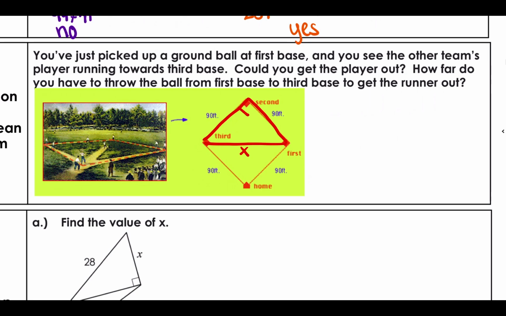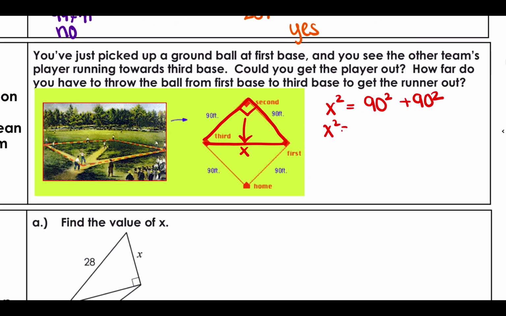We know that this is a right angle on this baseball diamond. So our X is actually our C. That's across from our right angle. So we can use the Pythagorean theorem to find that length. So X squared is equal to 90 squared plus 90 squared.